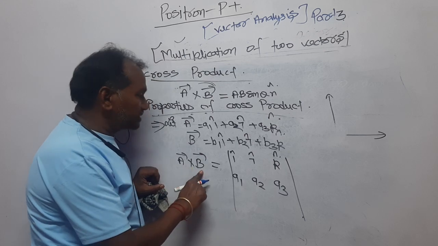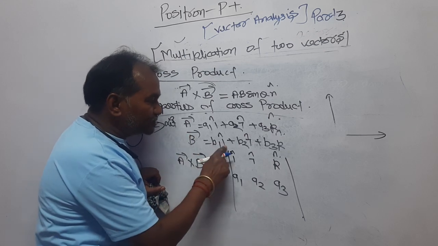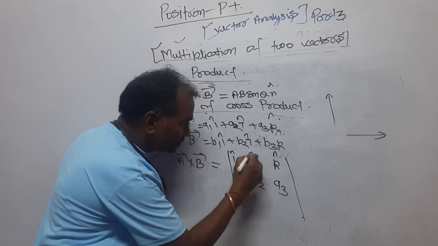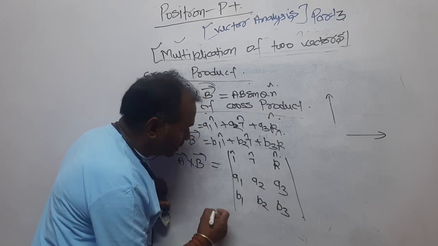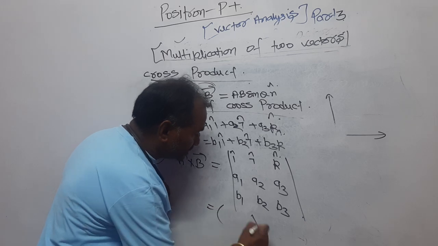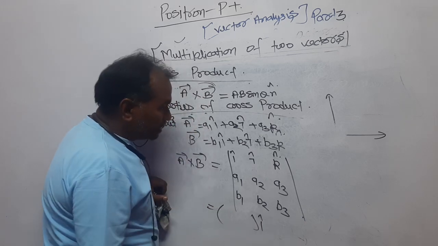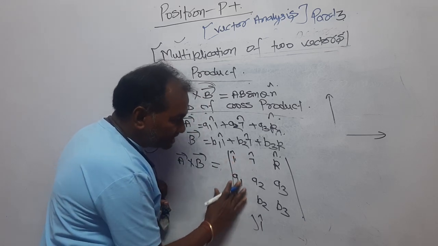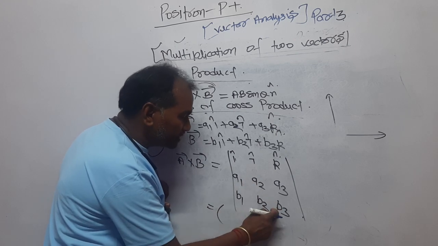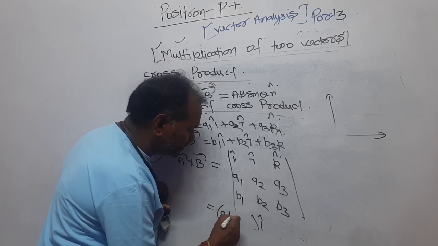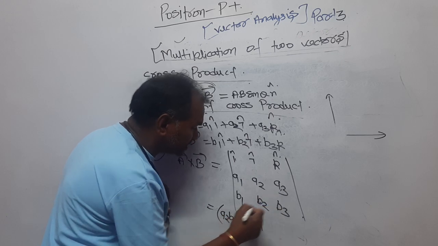Now cross vector B: the coefficient of i cap is b1, of j cap is b2, and of k cap is b3. Now you can write like this. Here write i cap, drop this row and column, then a2 b3 minus a3 b2.